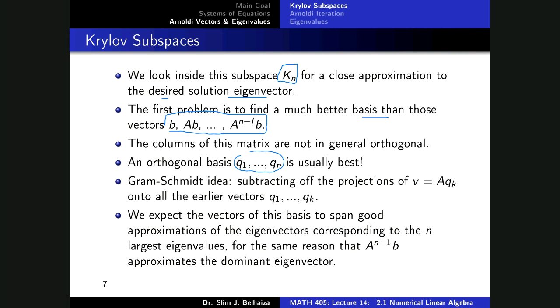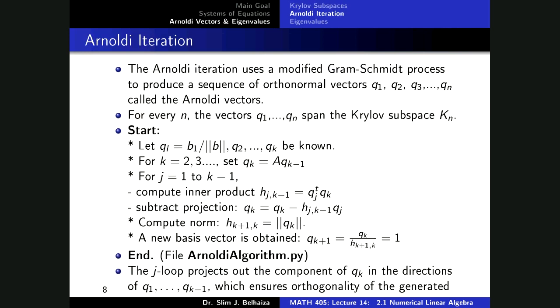One way comes from Gram-Schmidt's idea, which is the subtraction of the projections obtained by A times Q every time to obtain these orthonormal vectors. So remember, we are now looking for a new set of vectors that define an orthonormal basis to our Krylov space. I will stop here today.